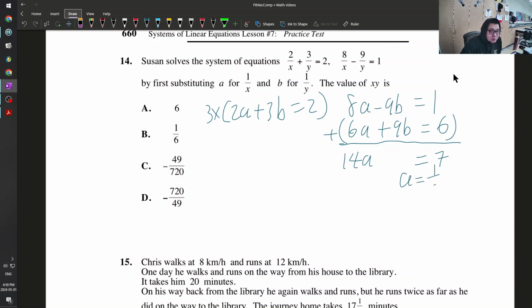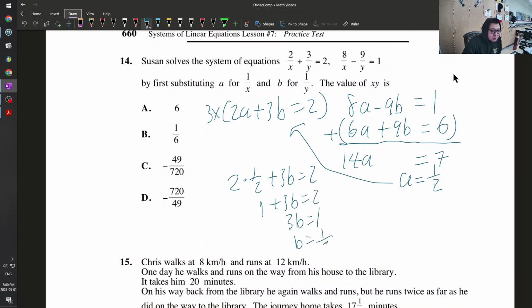So if a is equal to 1/2, what is b? Let's substitute it into this one right here. So 2 times 1/2 plus 3b is equal to 2. 2 times 1/2 is 1, plus 3b is equal to 2. 3b is equal to 1. b is equal to 1 over 3.